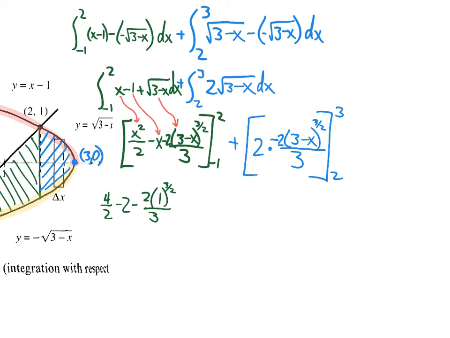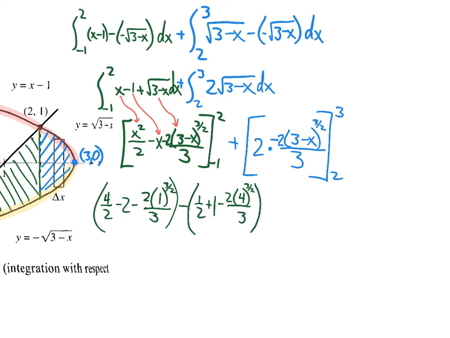Then minus, and I've got to plug in a -1. So that's 1/2 minus a -1, so plus 1, minus 2 times 3 plus 1, so it's 4 to the 3/2 power over 3.